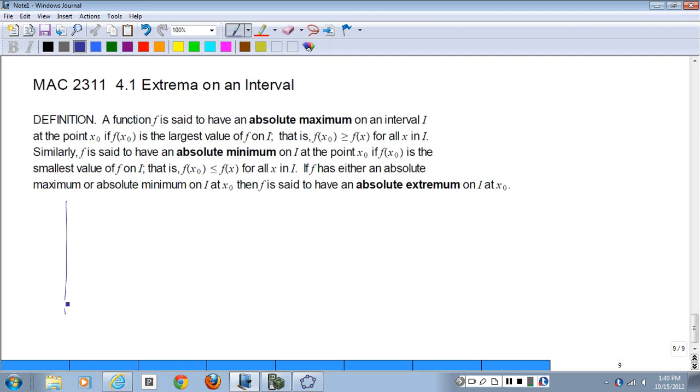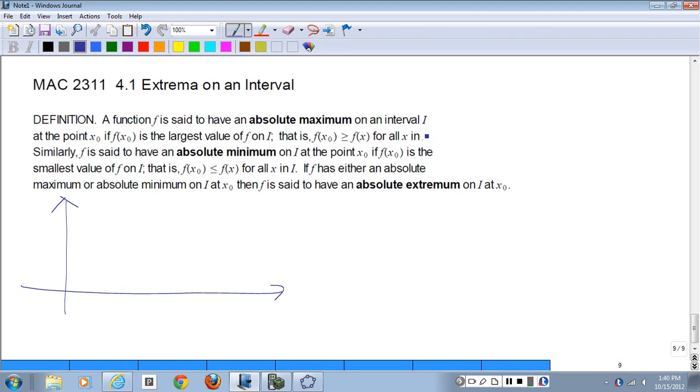A lot of different pictures one might draw for a situation like this. I'm going to try to draw something that's somewhat generic, but not nearly as much as probably it should be. Function f is said to have an absolute maximum on an interval I at the point x sub 0.